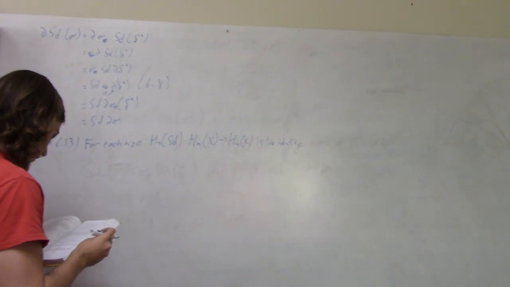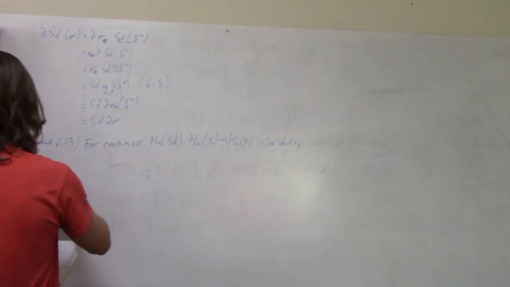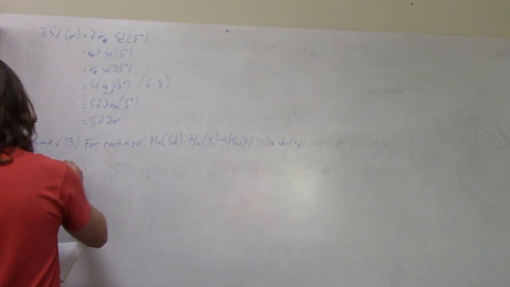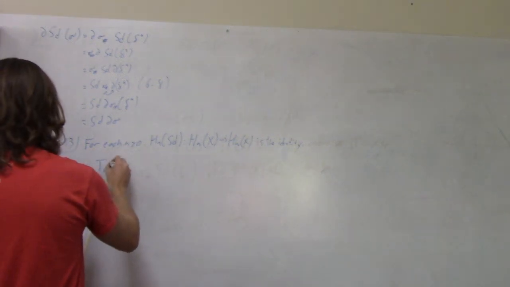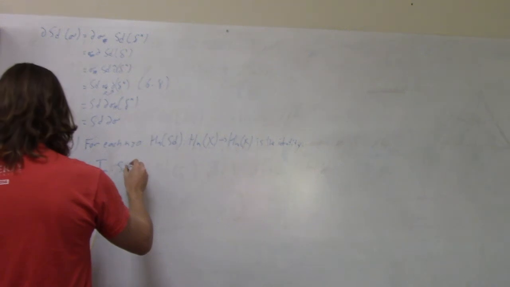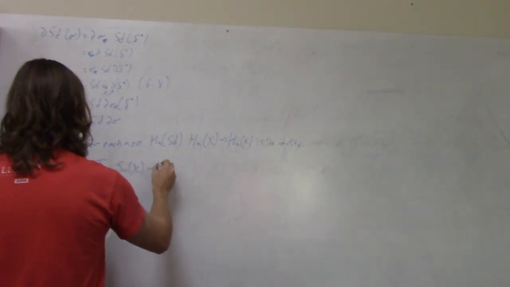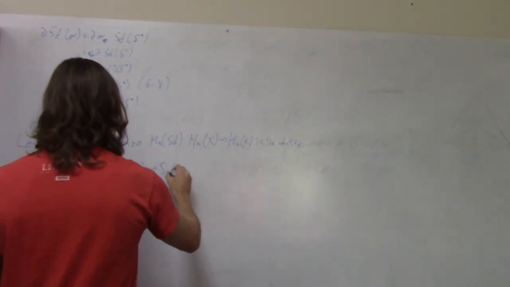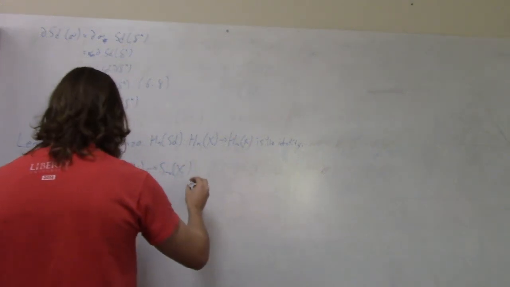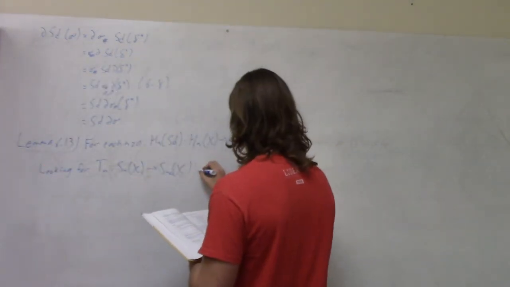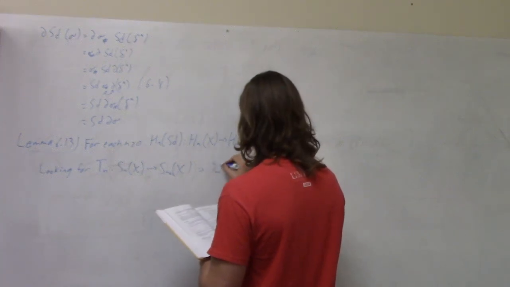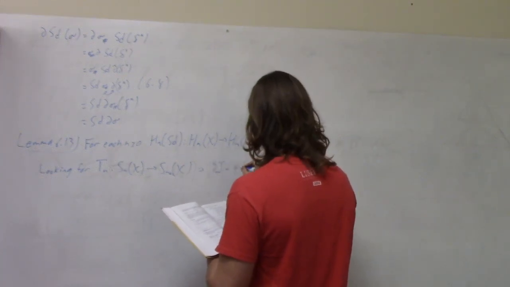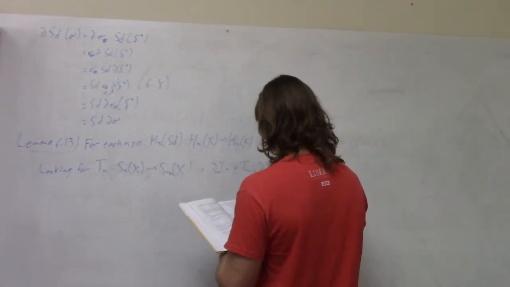So we're trying to find homomorphisms Tn from Sn of x to Sn plus 1 of x, such that boundary of Tn plus Tn minus 1 of the boundary.